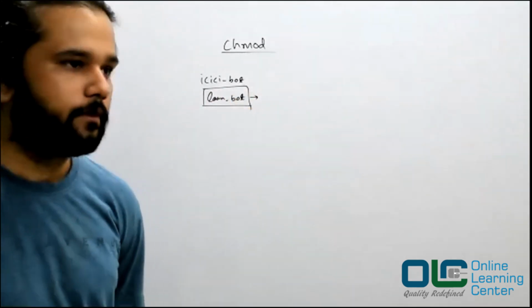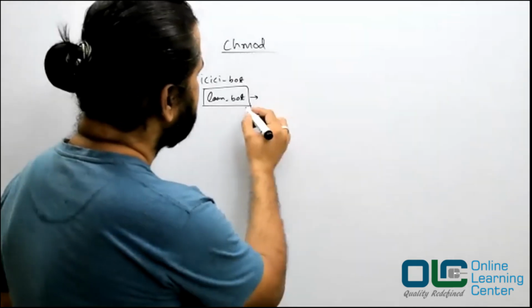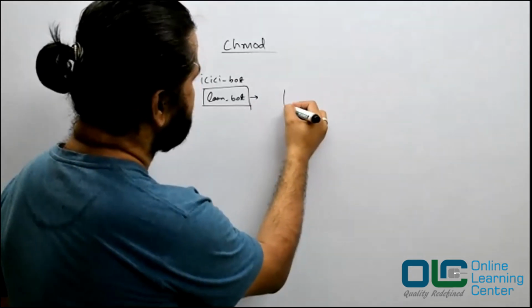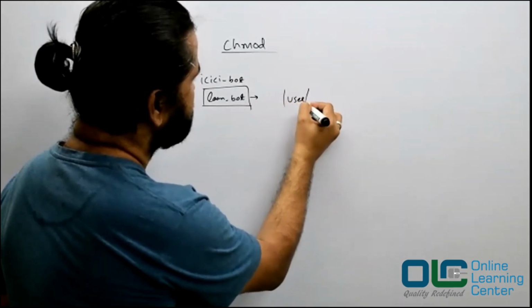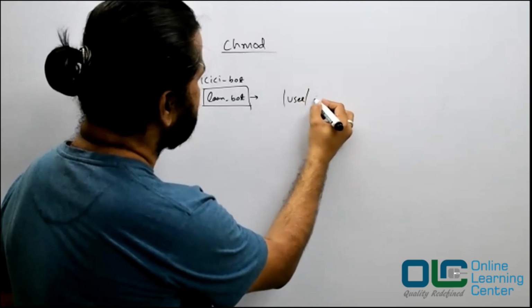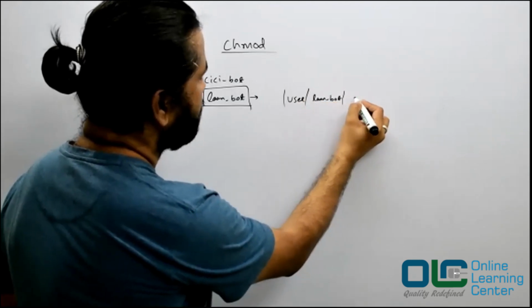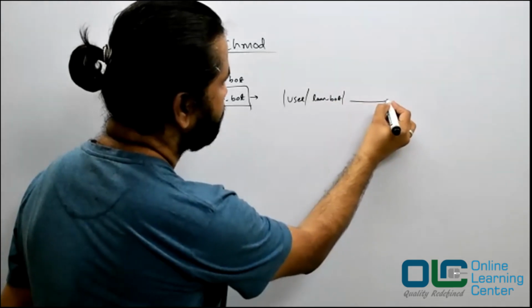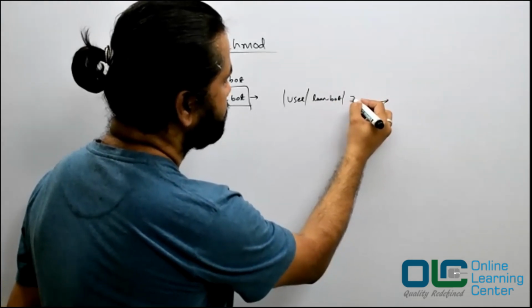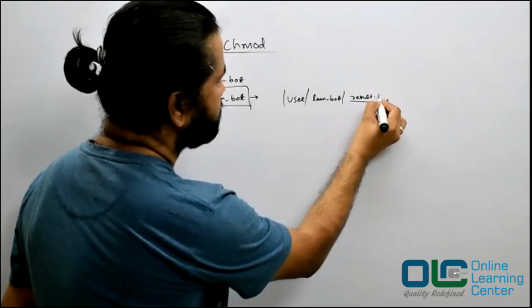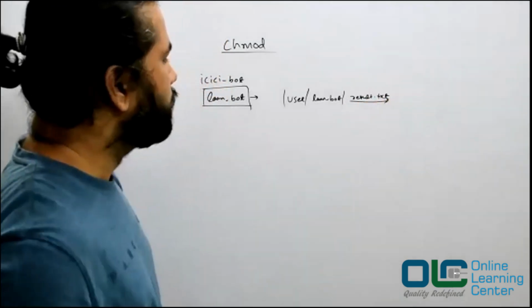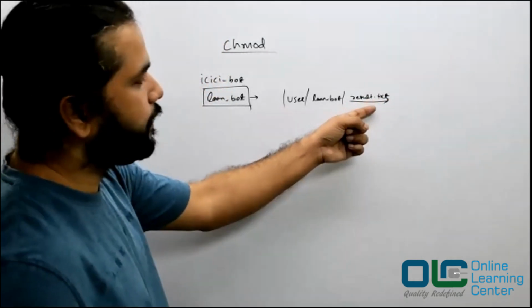All right, done. Now what happened is it has written data into this place, /user/loanbot, not sduser. And there is a file, let's say result.txt. Now who has created this file?